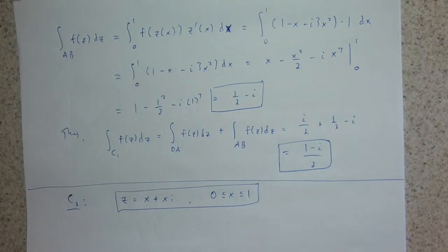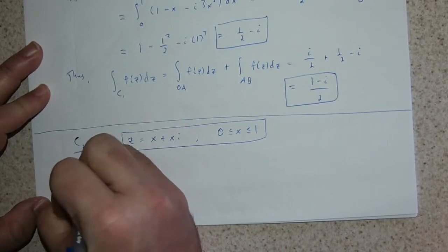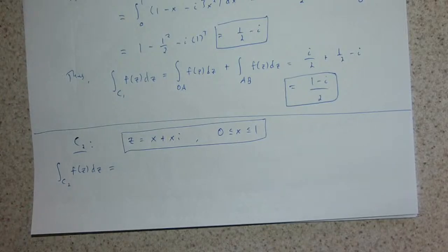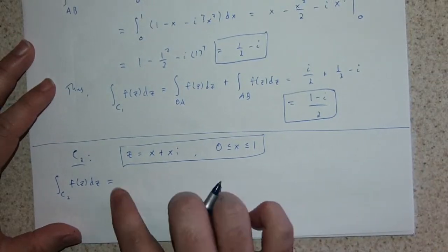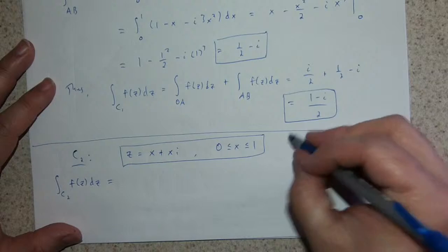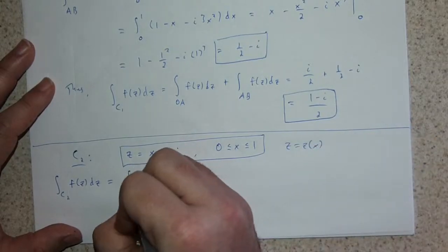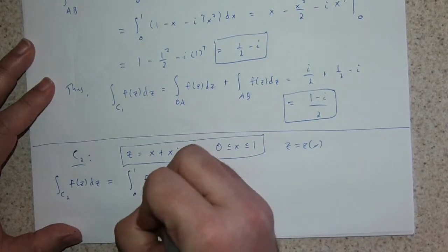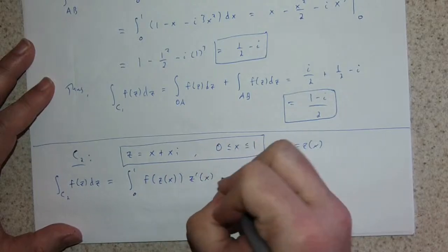So here, what do I get when I'm computing this integral of f along C sub 2? Well, I need to plug in z of x here. So I'm viewing this as z is equal to z of x. So this is the integral from 0 to 1 of f of z of x times z prime of x dx.